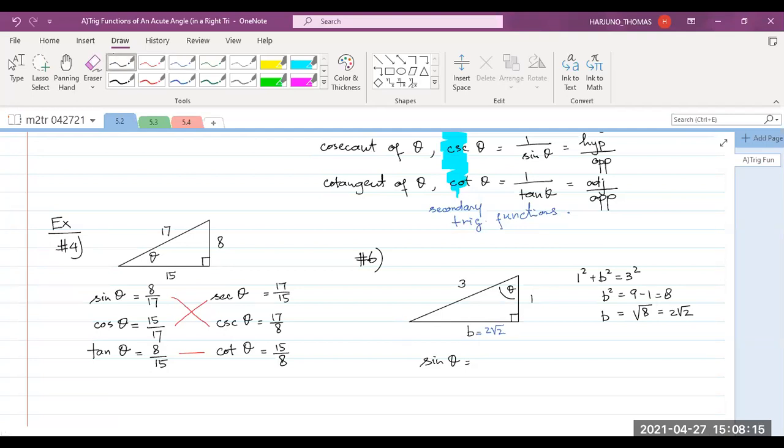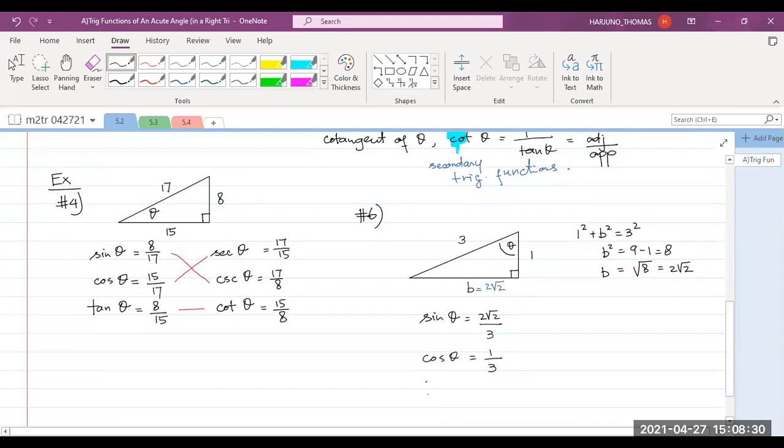Opposite of theta is 2 radical 2 over the hypotenuse. Cosine theta is the adjacent over the hypotenuse. Tangent theta is the opposite over adjacent, which is just 2 radical 2.